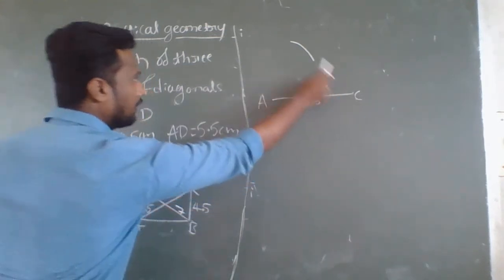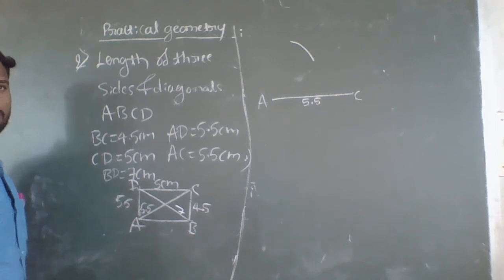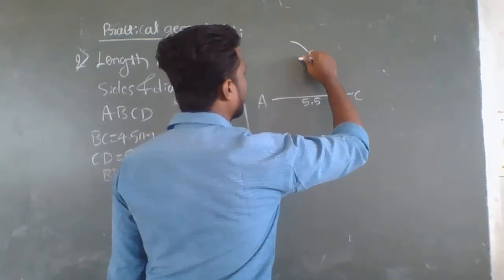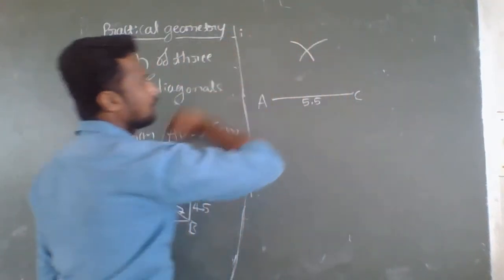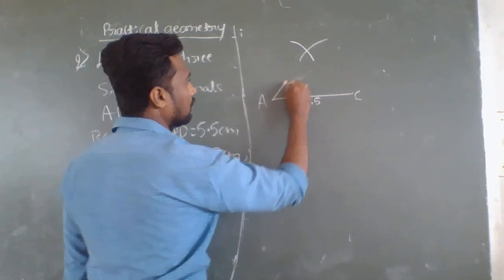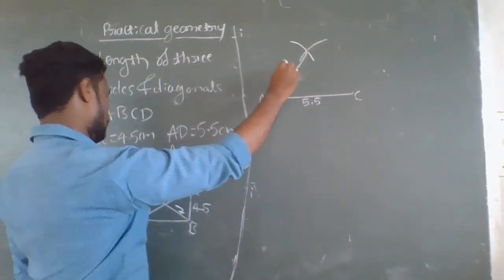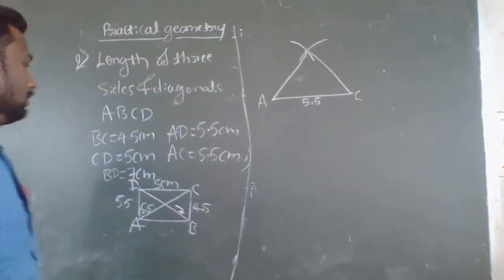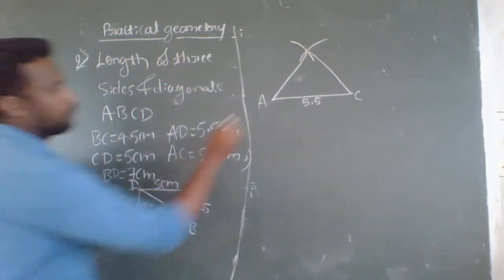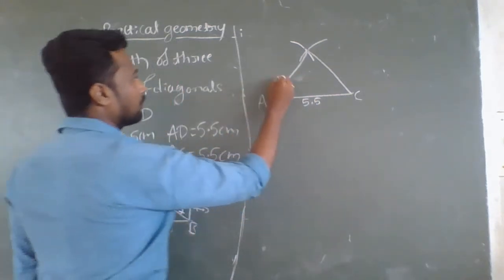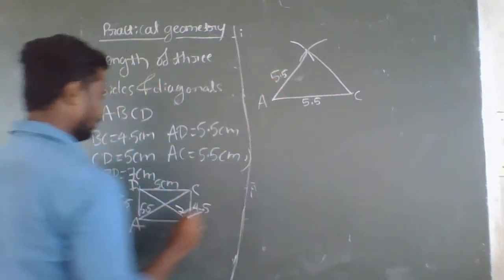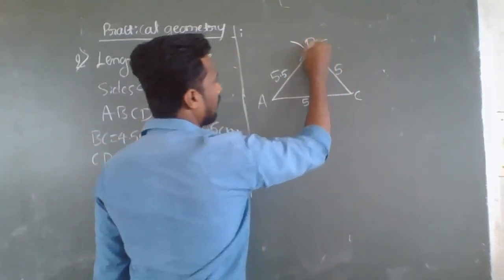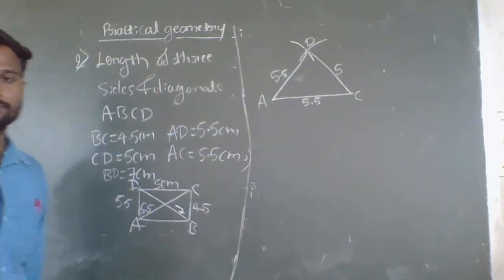So from point C, D is 5 centimeters. Take the length of 5 centimeters and again draw an arc like this. Now join AD and CD. AD is 5.5 centimeter, CD is 5 centimeter, and I will name it as D here.